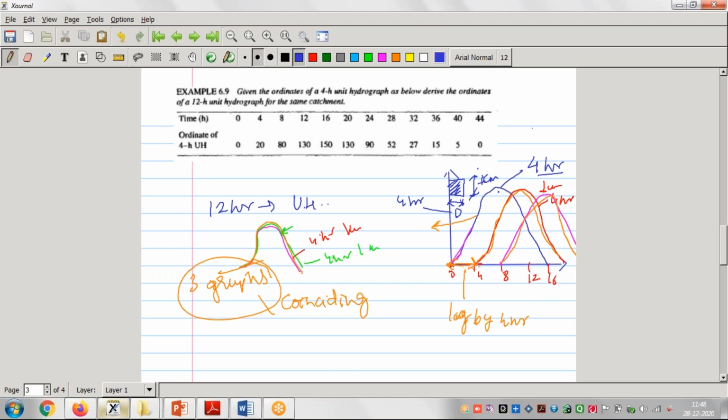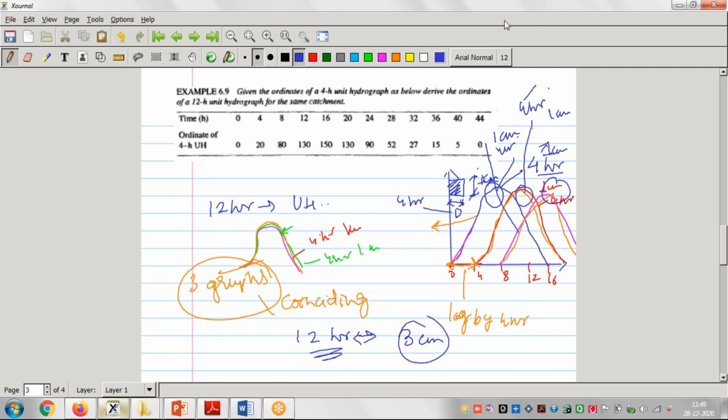Now this graph is for 4 hours and 1 centimeter rainfall, and this graph is also for 4 hours and 1 centimeter rainfall, and the last graph is also because of 1 centimeter rainfall and 4 hours. So this 4 hours, this 4 hours, this 4 hours together make 12 hours. The hydrograph is of 12 hours, but the rainfall is 3 centimeters. Is my point clear to you?